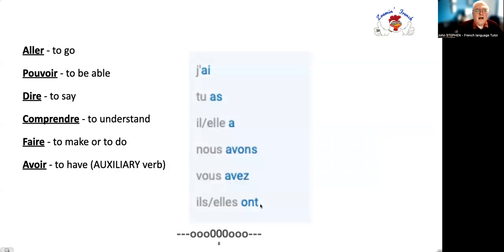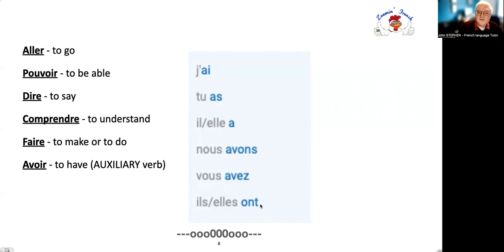The verb avoir. Ooh. Now, the verb to have, I've just put there, it's in brackets an auxiliary verb. Forget about that at the moment. When you study additional tenses, such as the past tense called the passé composé, for example, that's when the term auxiliary will mean something to you.